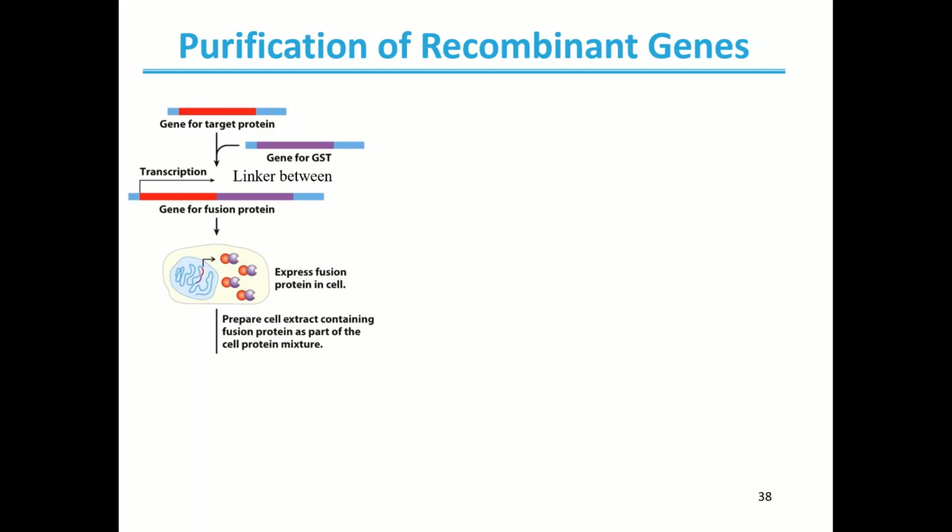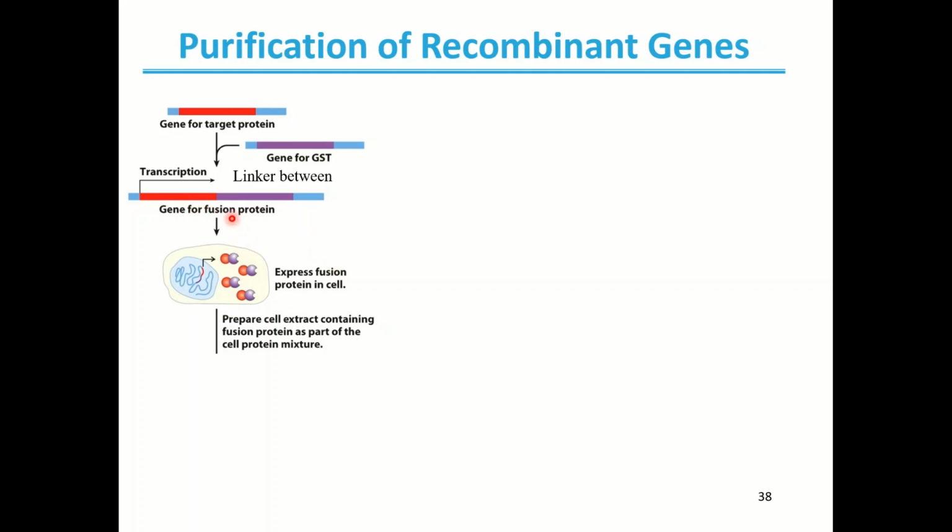So here's just a depiction of how this can work. You can have your target gene here in red. You can link that to another gene, in this case for GST. What we call this now is a fusion protein, because you have one protein fused to another via their DNA sequences.